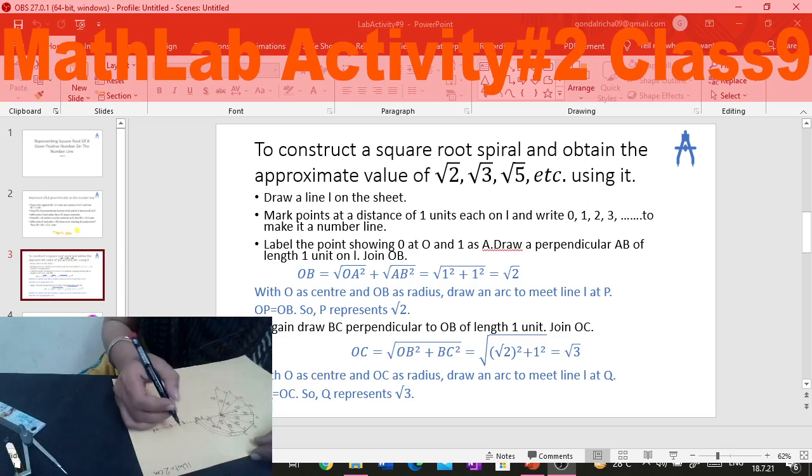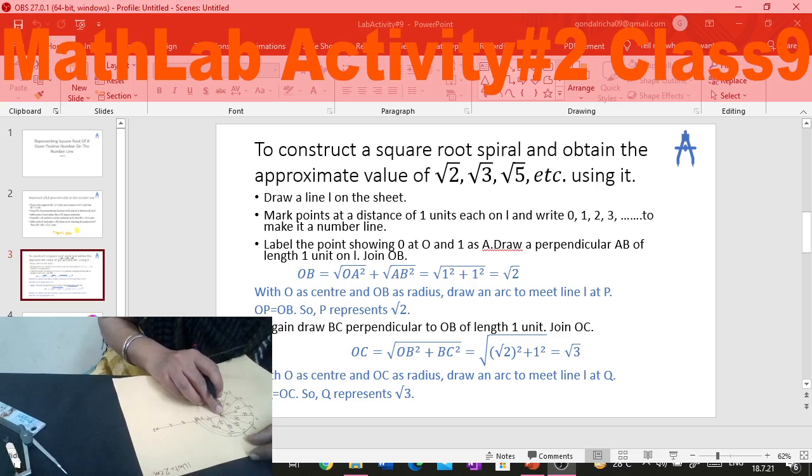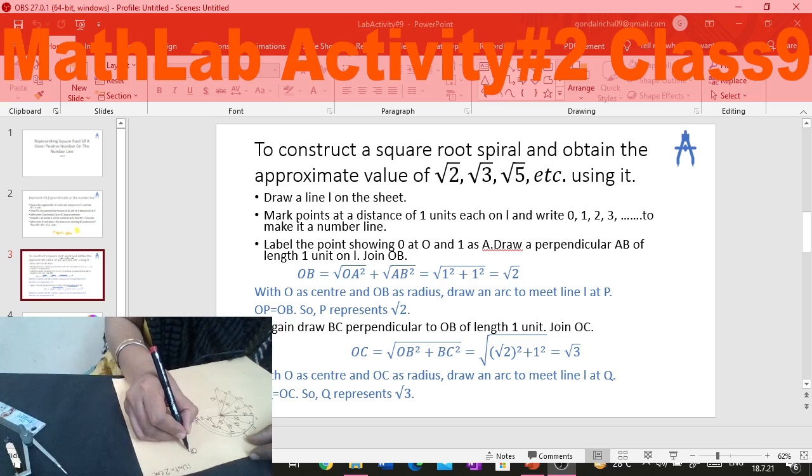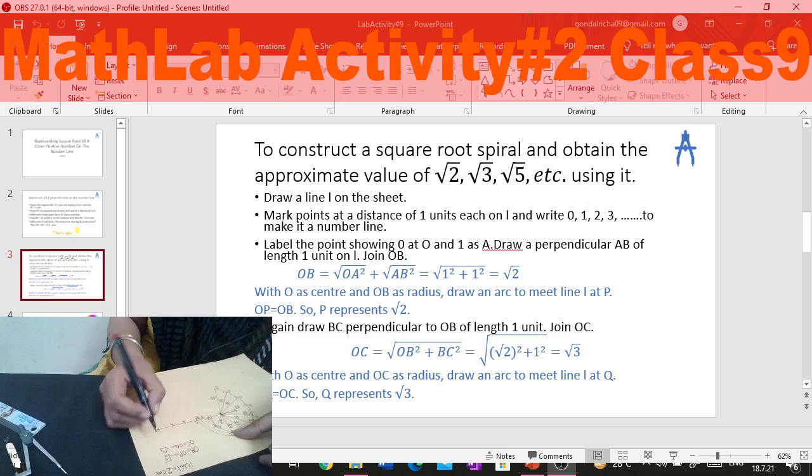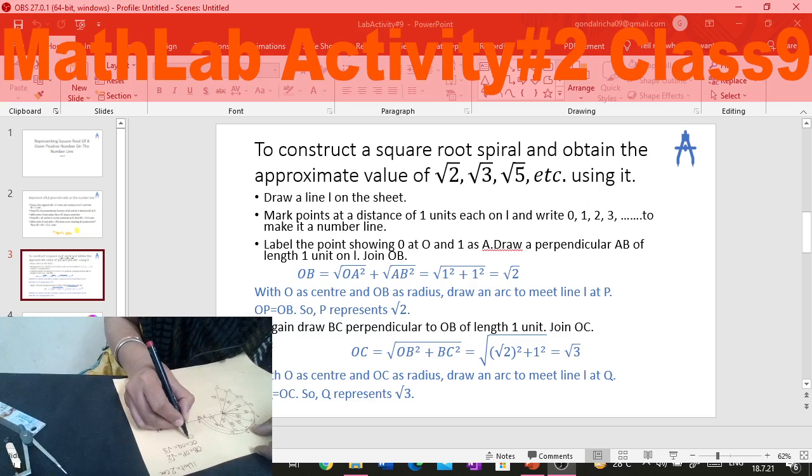Now, what was our observation? Our observation was the length of OB is equal to OP, which is equal to root 2, and the length of OC is equal to OQ, which is equal to root 3, and the length of OD will be equal to OR, which is equal to root 4, or I can say 2 units.